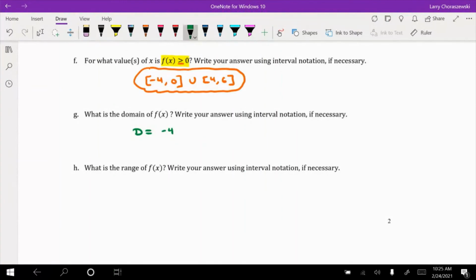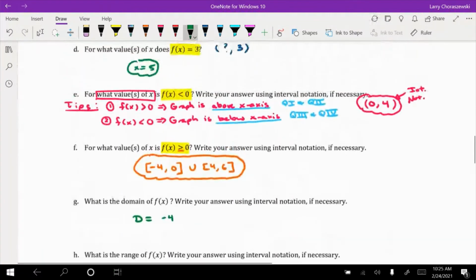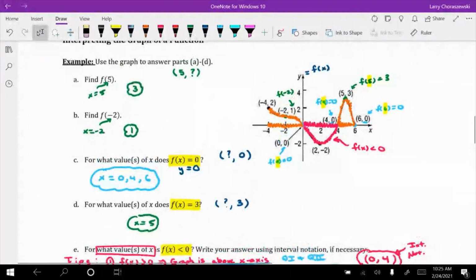The largest x value is 4? I would say 6. All right, here's our starting point, (-4, 2), and then here's our ending point. So -4 is the smallest, 6 is the largest. Are all the x values between -4 and 6 being used to generate points?